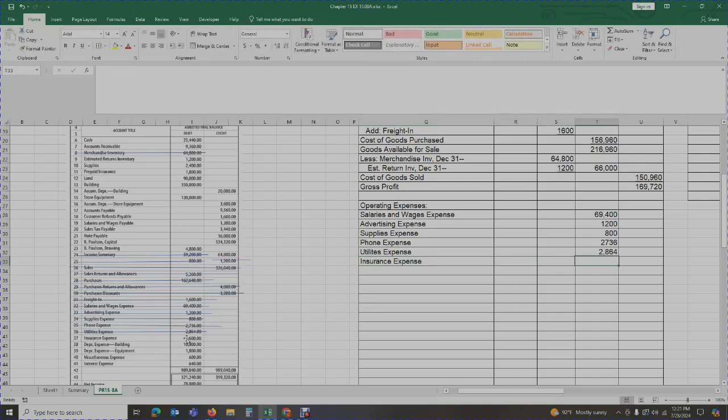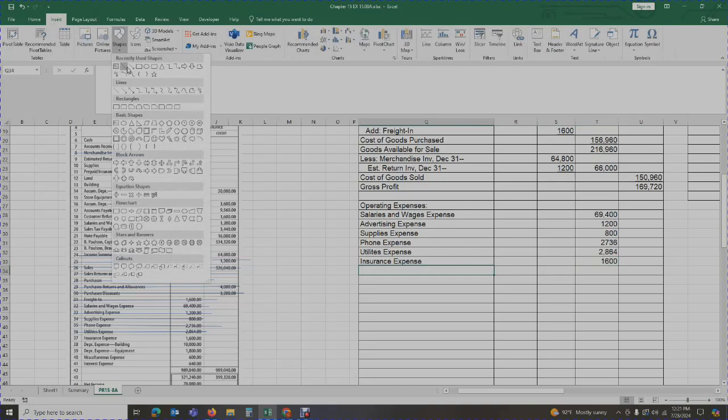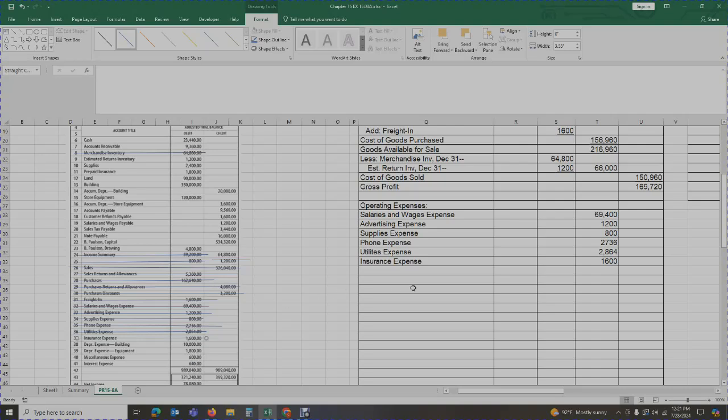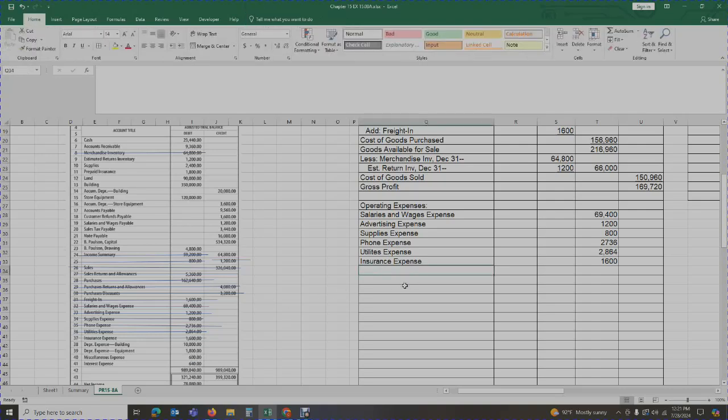So insurance expense, we've got $1,600. And then we have depreciation expense building. For the depreciation expense for the building, we've got $10,000.